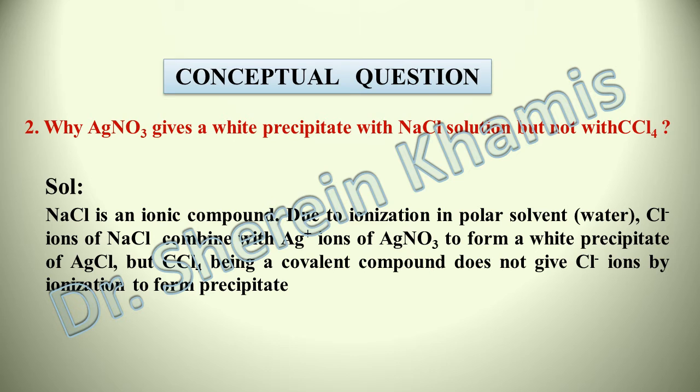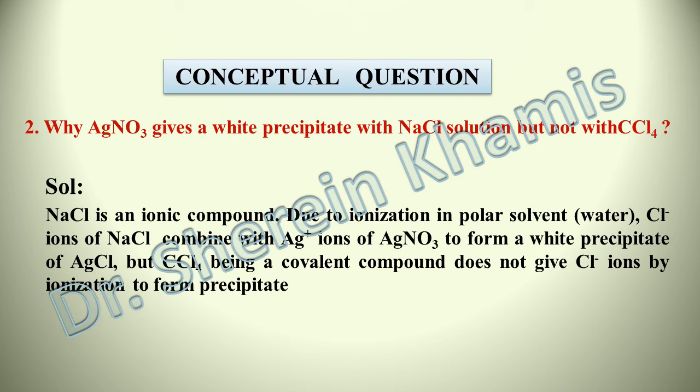But a covalent compound cannot give chloride ions by ionization to form a precipitate, or dissolve to make ions for the reaction, as it cannot form ions. So no reaction happens between carbon tetrachloride and silver nitrate. I think it's a very important question. Please study these points hard; I will give you different comparisons between ionic and covalent compounds in reactions.